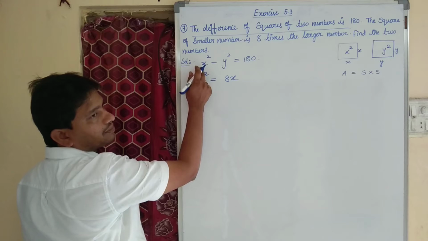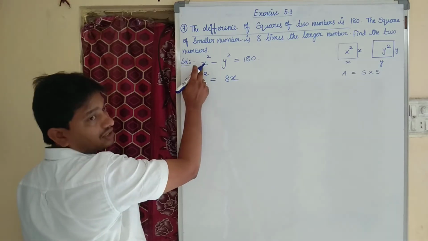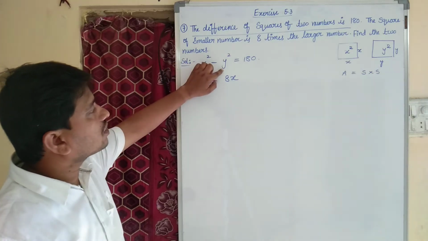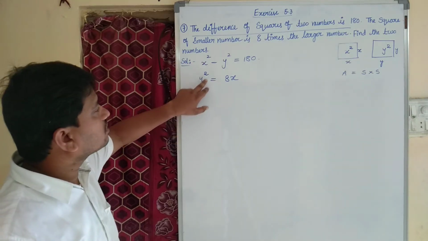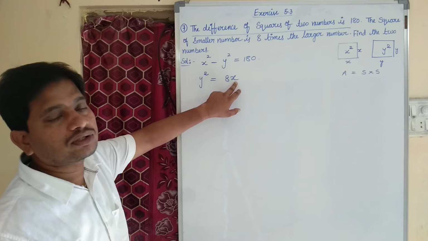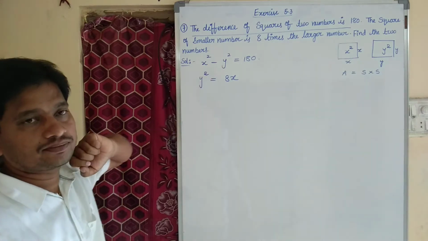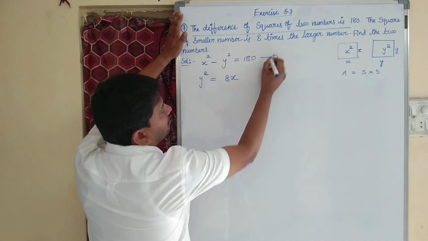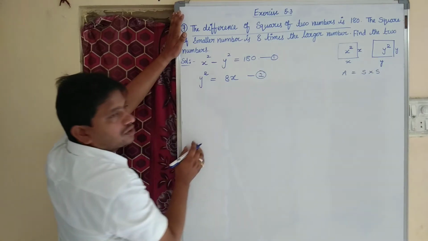Here the larger number is x because we are subtracting the smaller number from the larger number. So don't confuse: x is the larger number and y is the smaller number. So y square equal to 8x. This is our equation number 1 and this is our equation number 2.